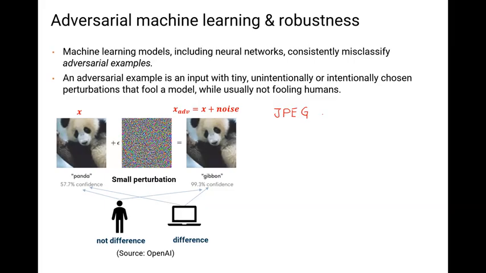This is called JPEG noise, because JPEG is a lossy compression method. That means the image restored from a JPEG compressed file will deviate from the original image.